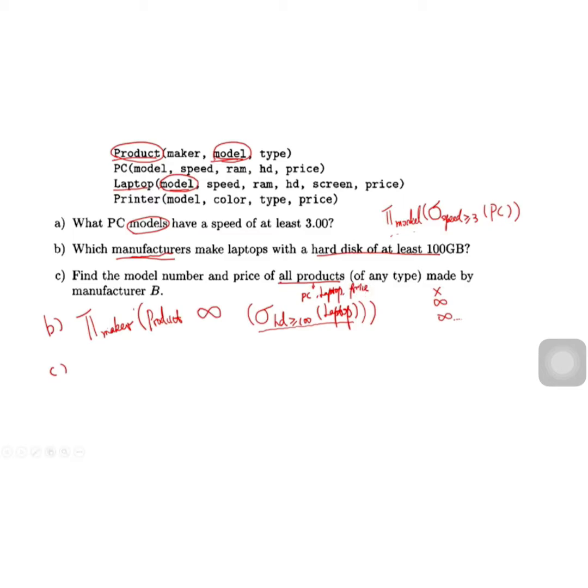It means we'll find the model and price of PCs, laptops, and printers made by B. Here we can use union.